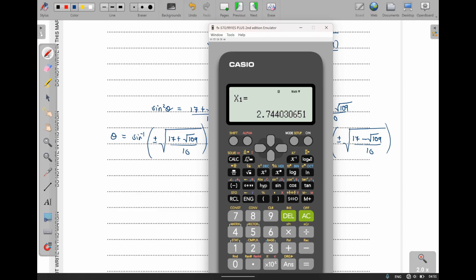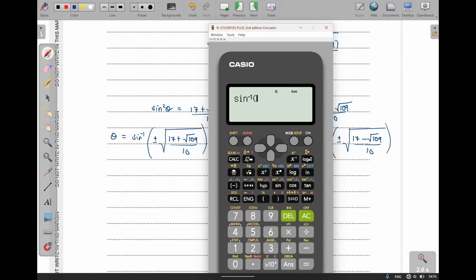Okay, so when you get the arc sine, by the way, since the domain is given in degrees, the calculator has to be in degrees also. So we have to change our calculator to degrees. Now, we shall get arc sine.